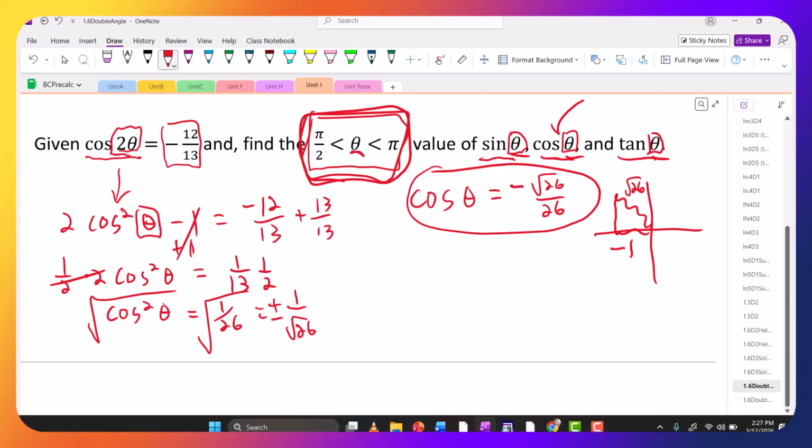What's 26 minus 1? What's the square root of 25? That's easy. And it is positive because of the quadrant that they said. 5 over root 26 is 5 root 26 over 26. And tan is easy. Tan is y over, I almost did 1 over 5. It's -5 over 1, right?